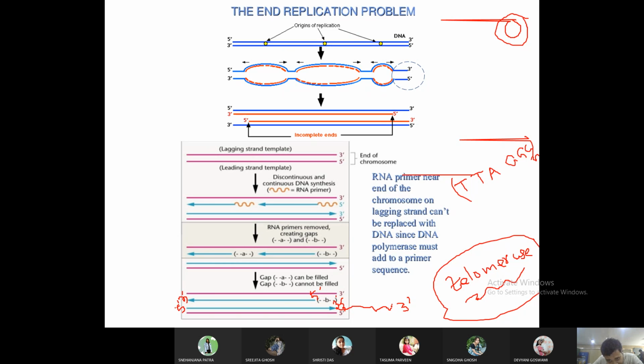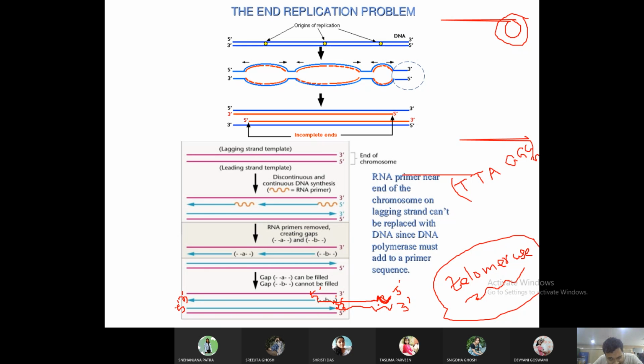Now this strand can be used for another short RNA primer to initiate DNA synthesis, correct? It is 5 prime now. This is an RNA primer. It can now use this newly synthesized DNA strand as template to seal this off.